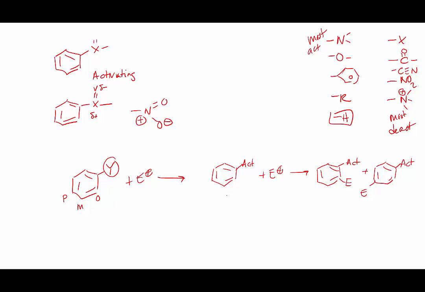So then what this activating group is called is an Ortho-Para Director. Okay. And the critical part of the Ortho-Para Director is that the activating group tells the electrophile where to add. You're going to add ortho and para to me, the activating group. Okay. But no meta. So then when you do the reaction where you take a deactivating group and you attach it to the ring, guess what you get?